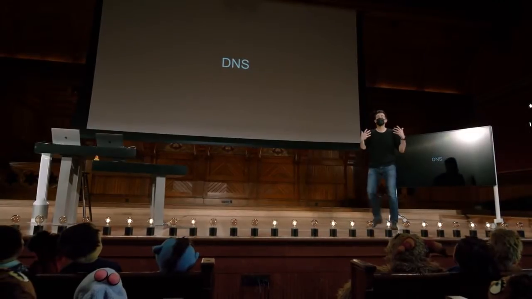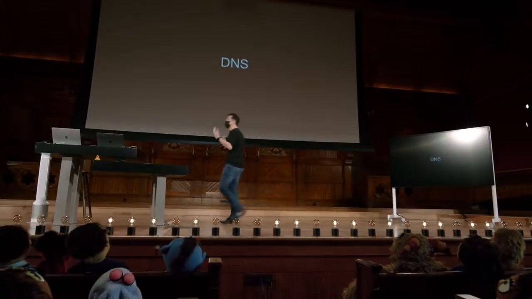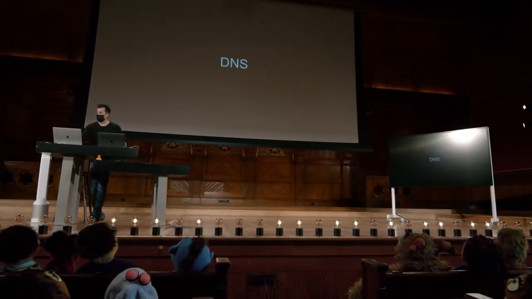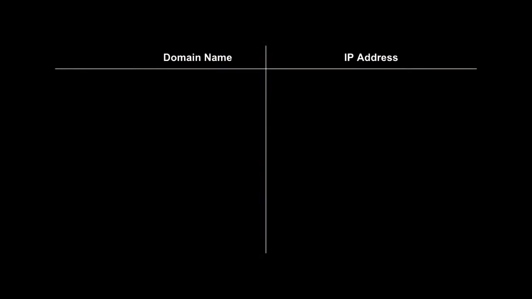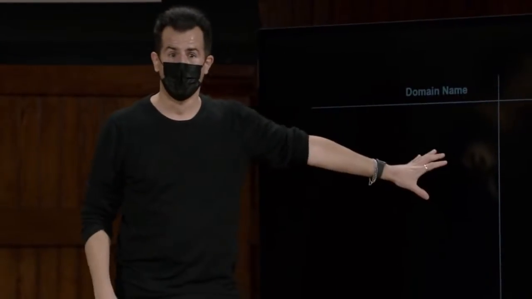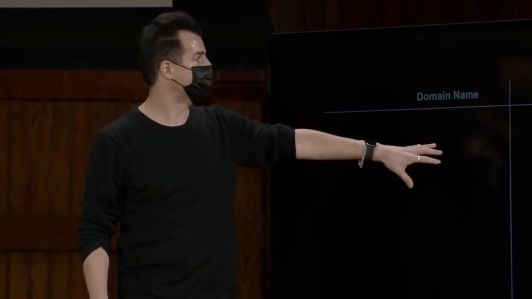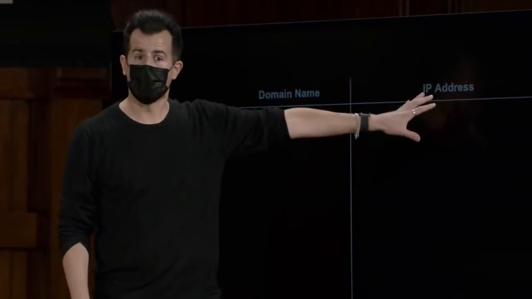But there's some server connected somehow to the network you're on via wires or wirelessly that just has a really big table in its memory, a big spreadsheet, if you will, or if you prefer, a hash table that has at least 2 columns of keys and values respectively, where on the left-hand side is what we'll call domain name, something like harvard.edu, yale.edu, and IP address on the right-hand side.